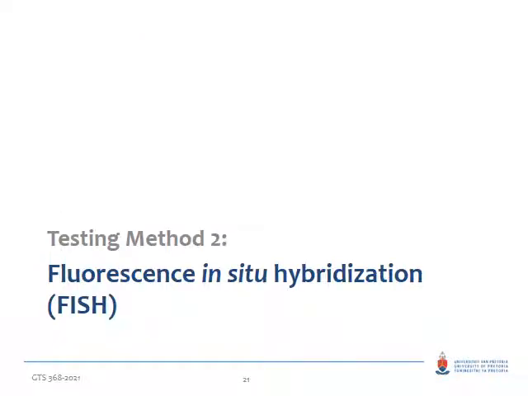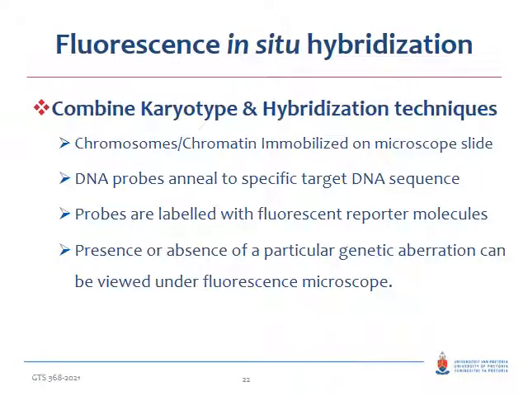The second method I want to describe is fluorescent in situ hybridization, also called FISH. And this basically also looks at chromosome structure. So in the case of FISH, you combine a karyotype with hybridization techniques.